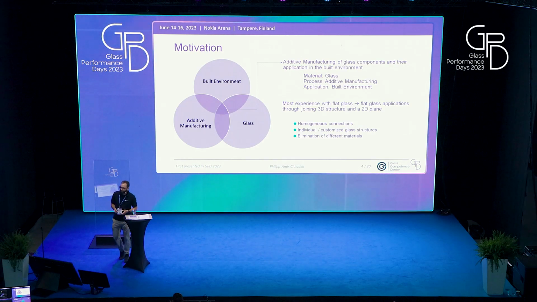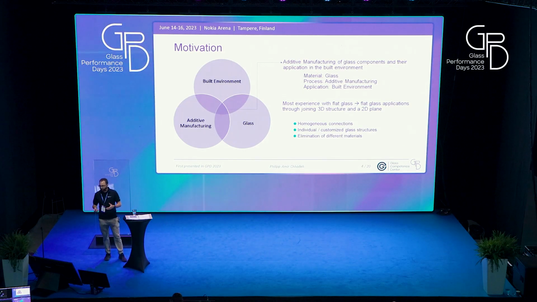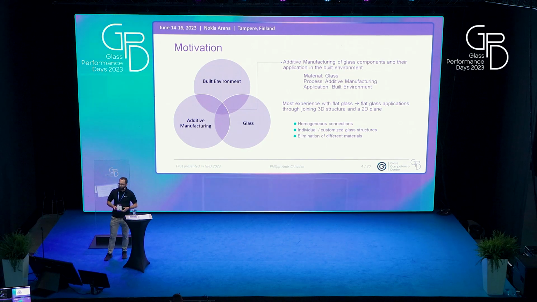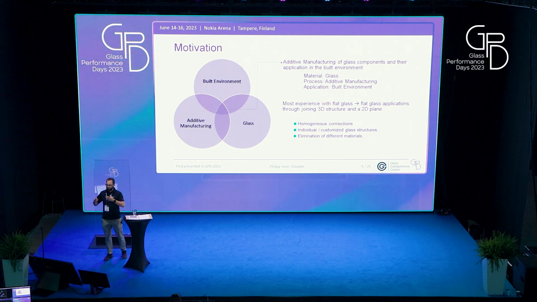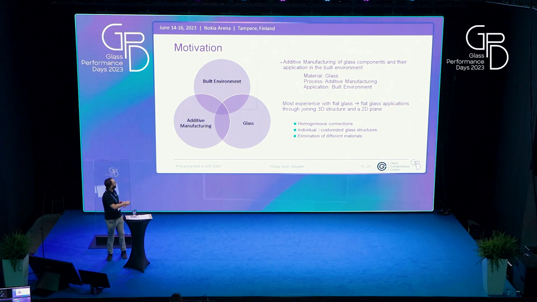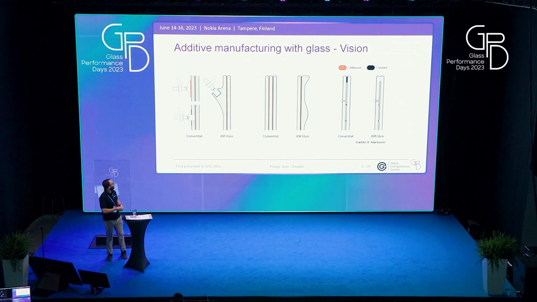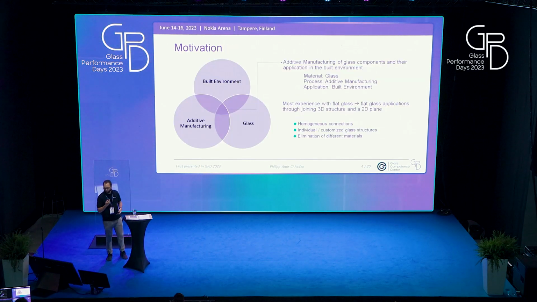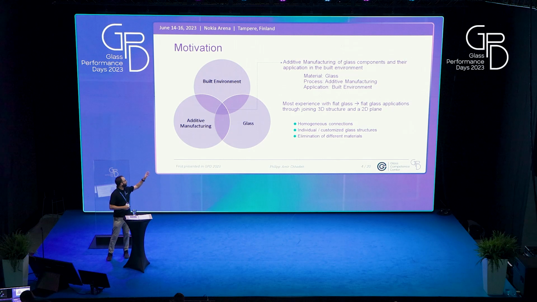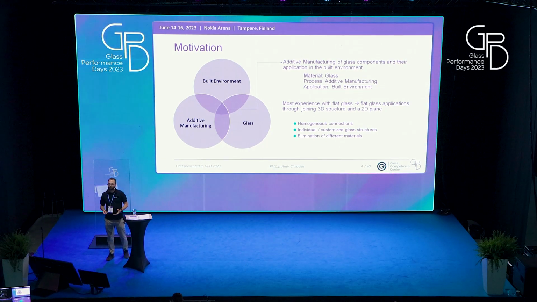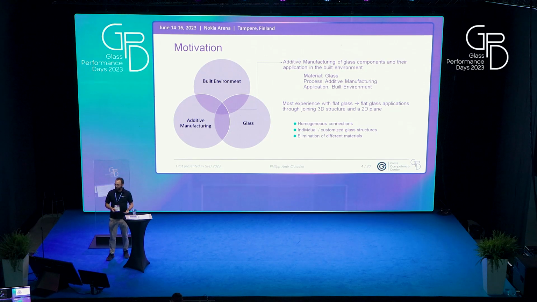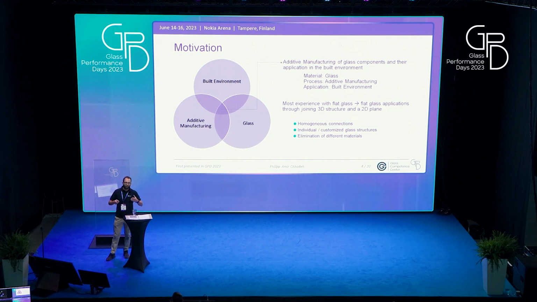My research motivation or goal is to research additive manufacturing of glass components and the application in the built environment. This Venn diagram shows that the material I look at is glass, the process I'm interested in is additive manufacturing, and the application we are looking into is the built environment.